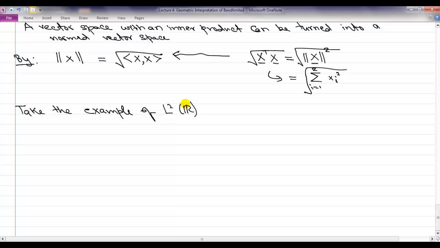So what's the definition of inner product on L2? The definition of inner product on L2R is, given x, y, we simply multiply pointwise the two functions. The second one, we take its conjugate, and we do dt. That's the way to define inner product in L2R.